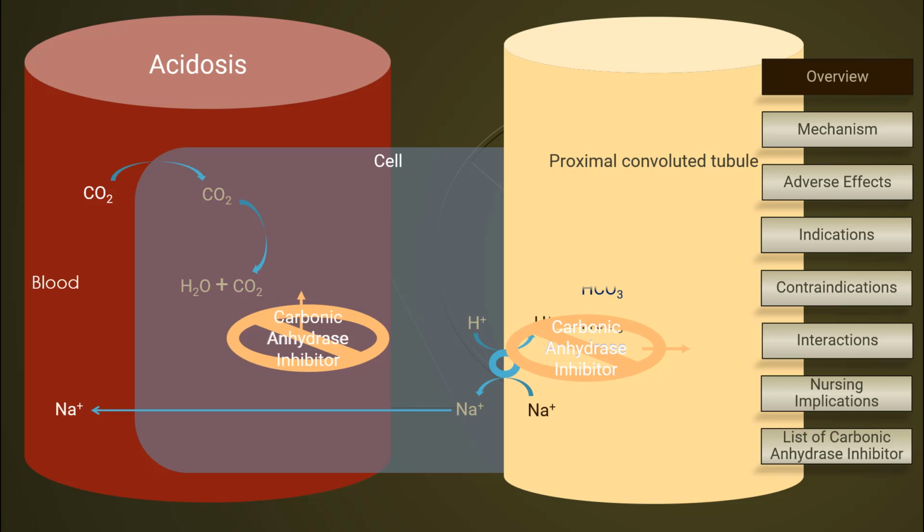As bicarbonate stays in the luminal fluid, the urine pH is increased. In addition, it decreases exchange of sodium for hydrogen. Mild diuresis is caused as sodium is increased in the filtrate. Under the effect of carbonic anhydrase inhibitors, phosphate is excreted, but the mechanism is unknown.